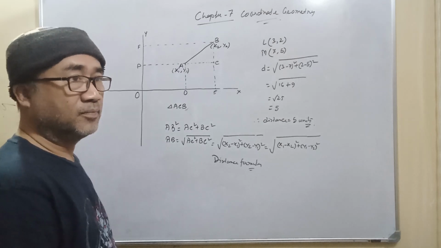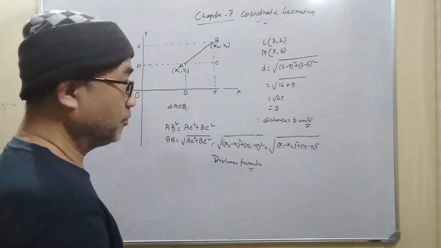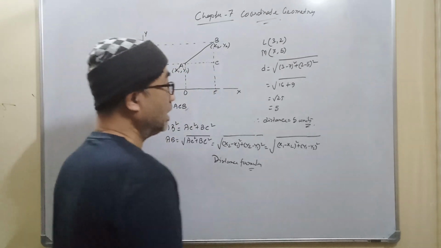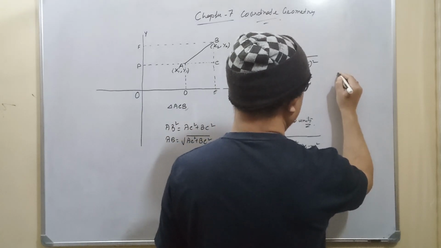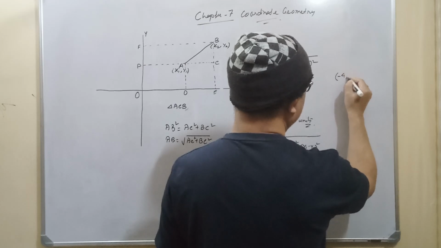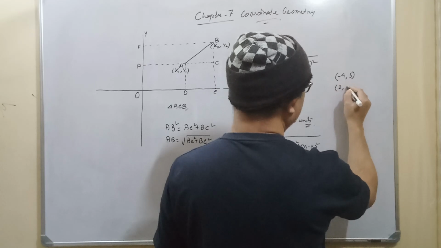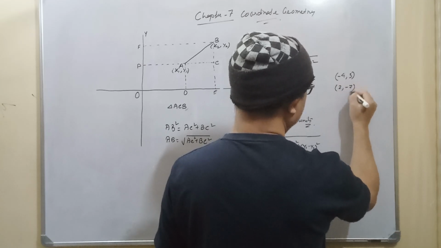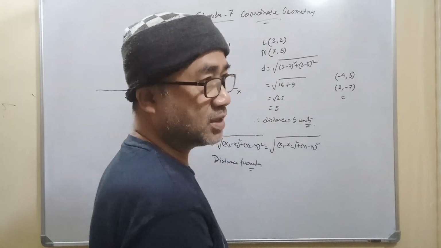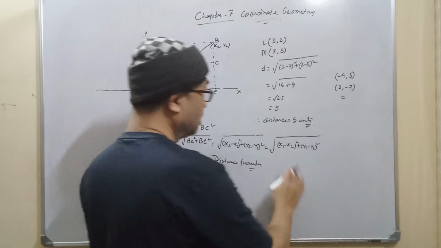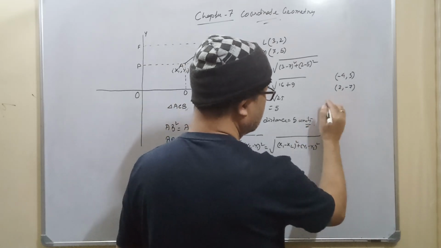The values of the coordinates can be positive or negative. For example, you can have points like minus 4, 3 and 2, minus 7. You can apply the distance formula in this case also.